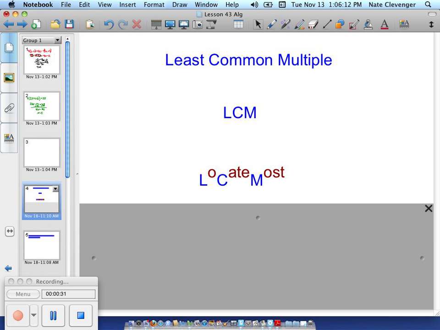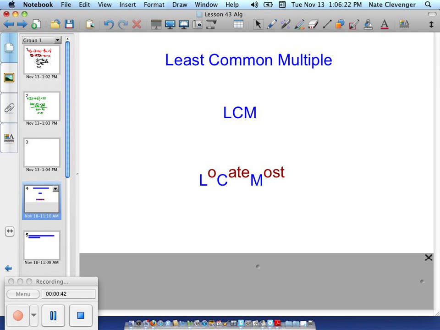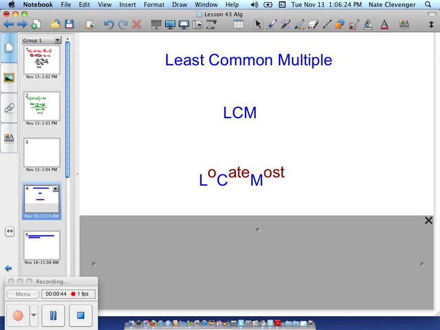Take the L and the C for the word locate, and M for most. Locate the most. That'll make more sense once I show it to you. But that's kind of the key. Once I started using that idea with students, it's made it easier to remember how to find least common multiple.